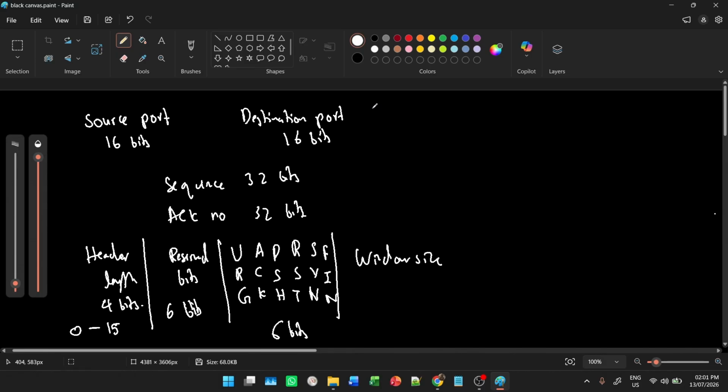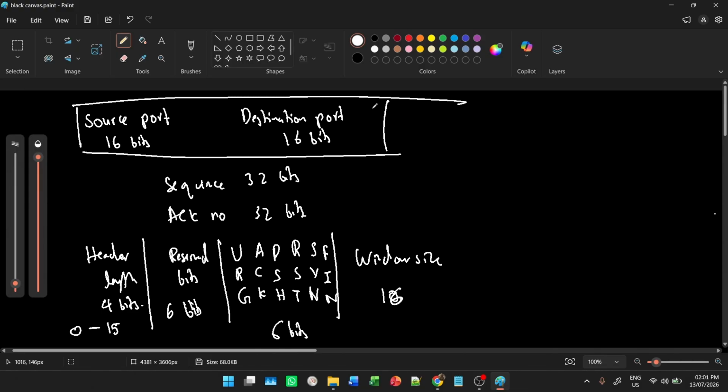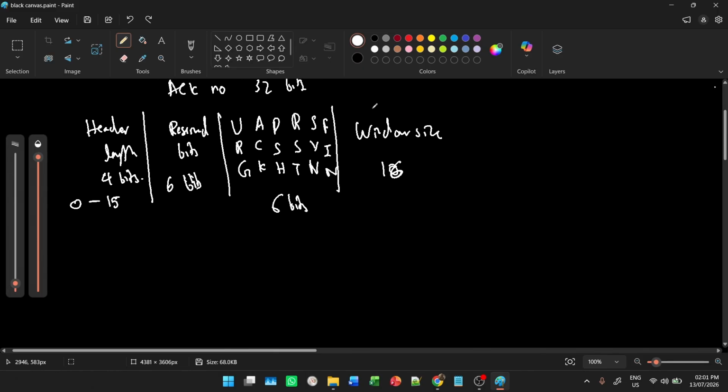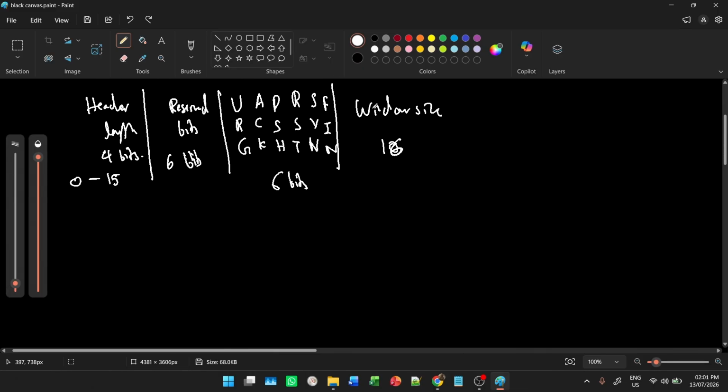So 6, 6 and 4, that's going to make 16. So here window size is going to be 16 bits, because it has to fit the 32-bit rows. It comes underneath all of this. So 16.